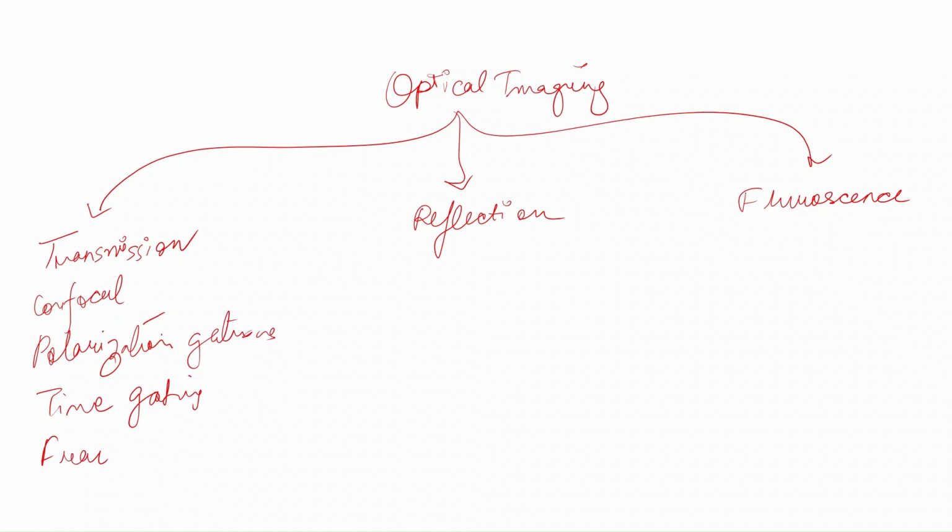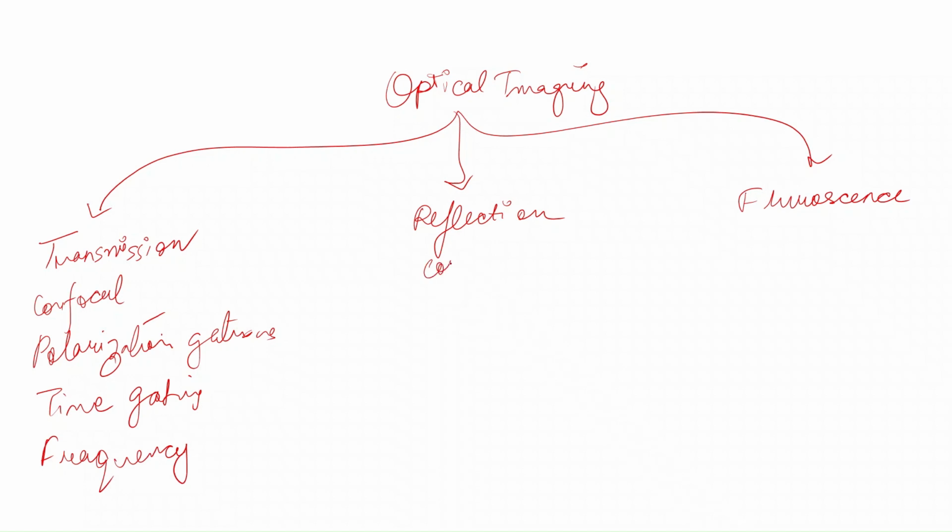Basically, transillumination utilizes the spatial variation of absorption and scattering in the tissue. Different tissues will have different zones, and some zones will be absorbing more or scattering more, so you will see the contrast. These are some of the algorithms or methods which can enhance those reflections.